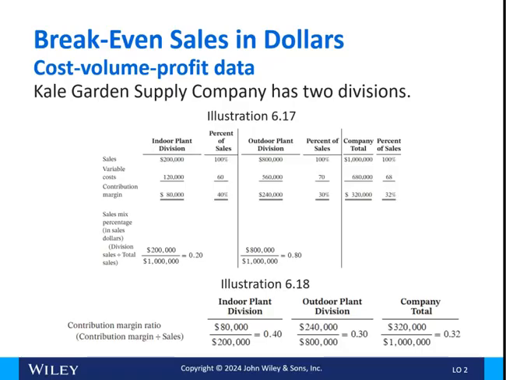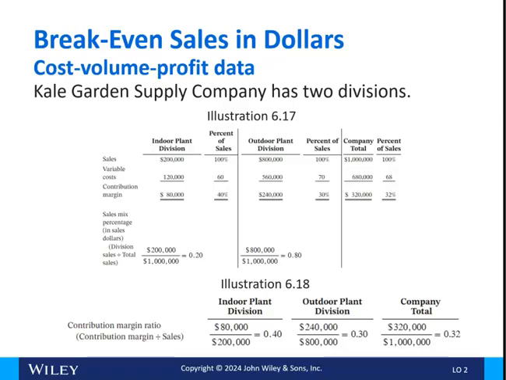Our sales mix percentage using dollars instead of units. So we can do the same thing that we did for units to get the percentage of the total. In this case, we're using sales dollars instead of units. So the division sales, so indoor plant, $200,000 of sales divided by the total sales in dollars, $1 million. So we have 20%. The outdoor plant is the remaining, since we only have two divisions, 80%, and it's $800,000 divided by the $1 million.